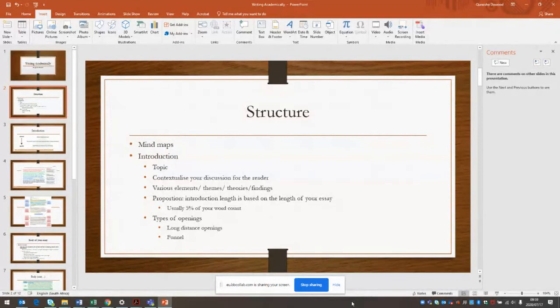That would work for longer assignments or mini dissertations or PhDs. But for now, I would like you to do a funnel approach where you narrow it down quite quickly. So you go from something general to something specific.